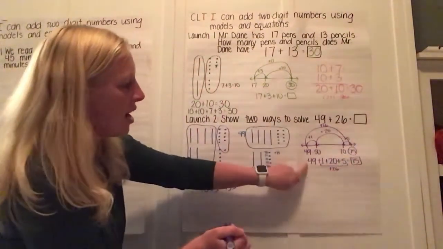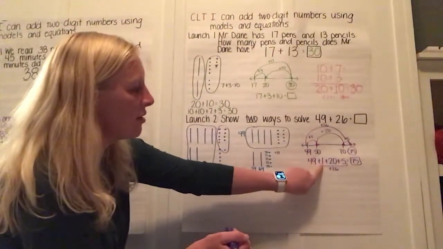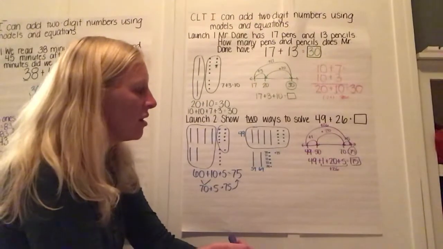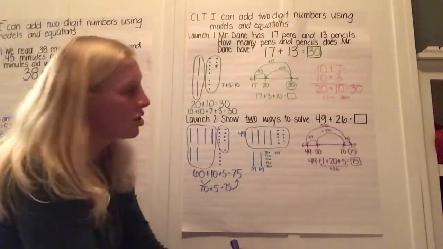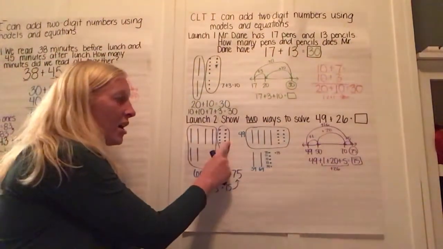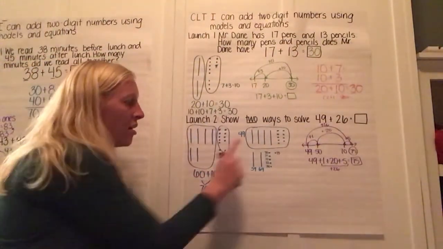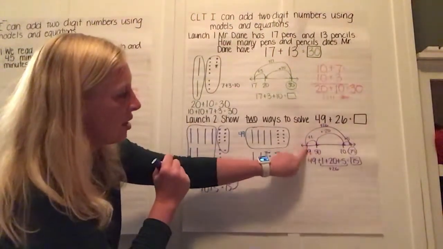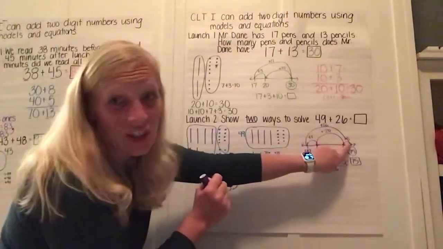Starting with the 49, then adding the 1, then adding the 20 and the 5 to get to that 75. Absolutely. So we want to make sure that we're seeing both of those numbers in that work. We're seeing the 49 and the 26 here. 49, 26 in the jumps.